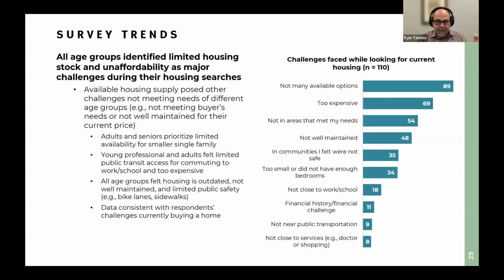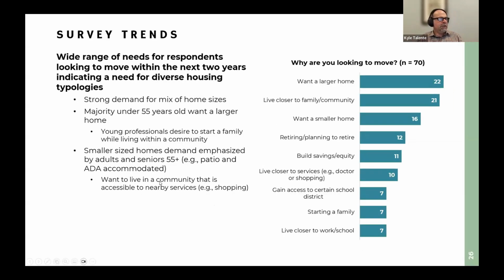So even if there is a house that you can quote unquote afford, if you're making $50,000 or $60,000 a year, a lot of times those houses have substantial renovation or aesthetic improvement needs that makes it not desirable for the folks that are looking for houses in those price points. So that was a very interesting thing to learn.